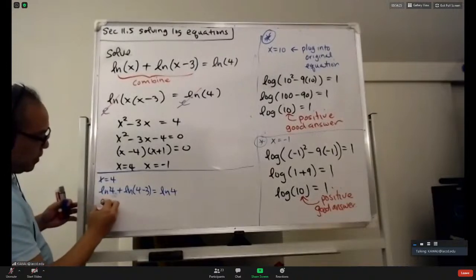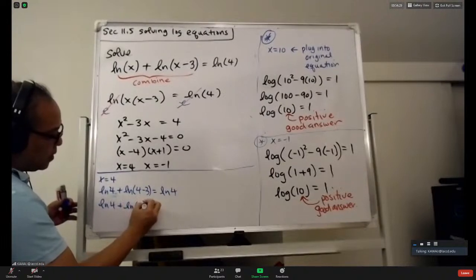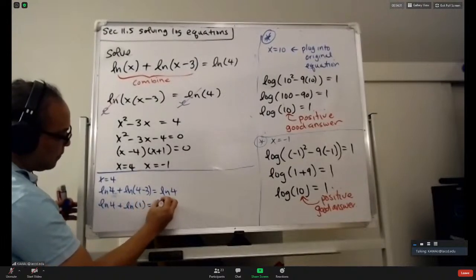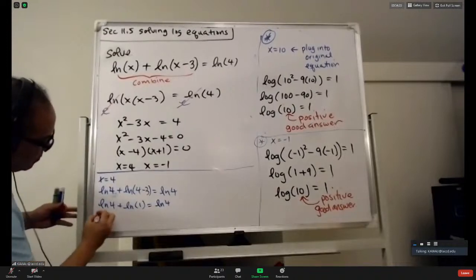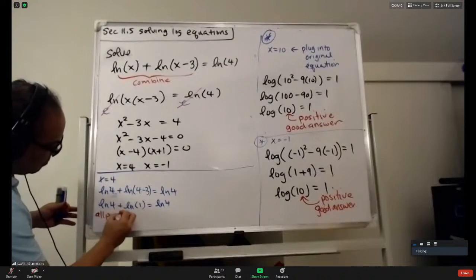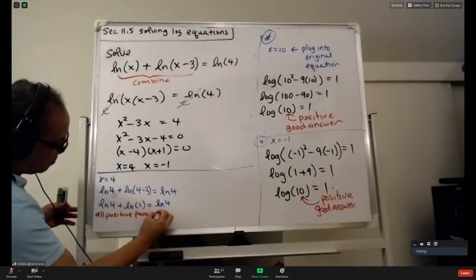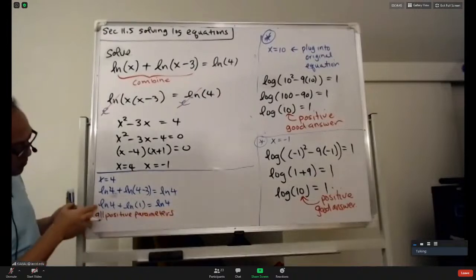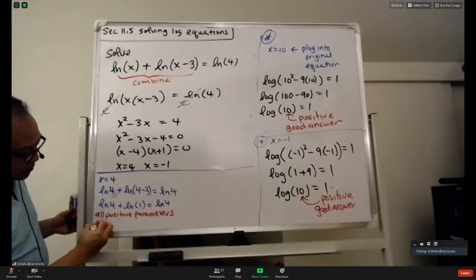So we get ln 4 plus ln 1 equals ln 4. So these are all positive. Right? All the parameters are positive, so it's a good answer.